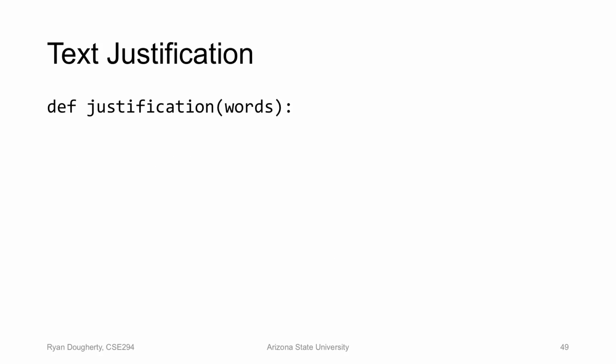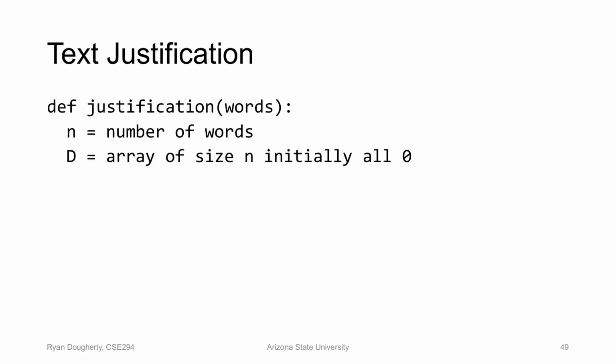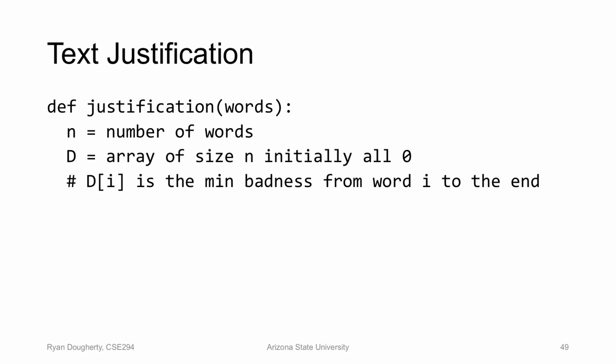So the algorithm is we're given a set of words, and let n be the number of words. D is going to hold all these badness values, so they're all zeros. Instead of doing this i-j business, I'm going to make this simpler by saying D of i means the badness score from i to the end.